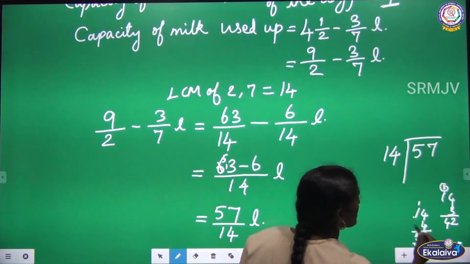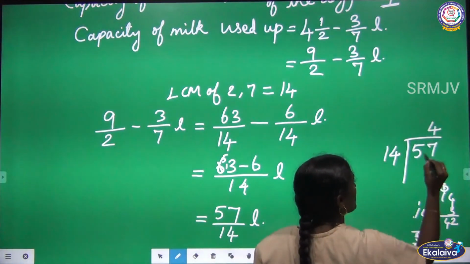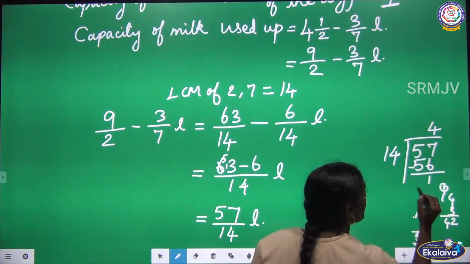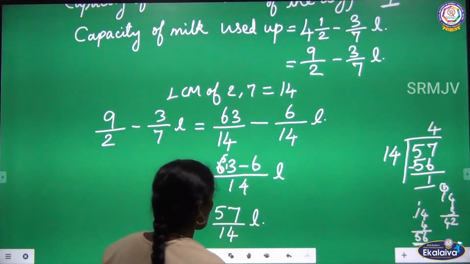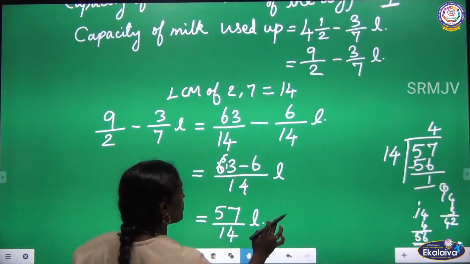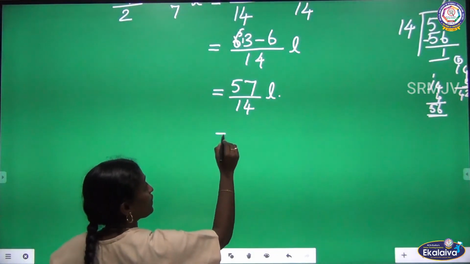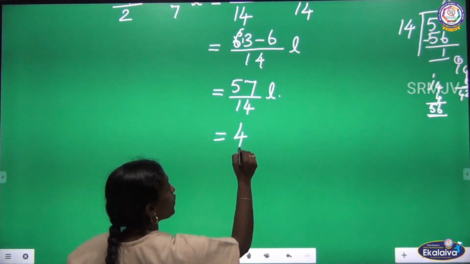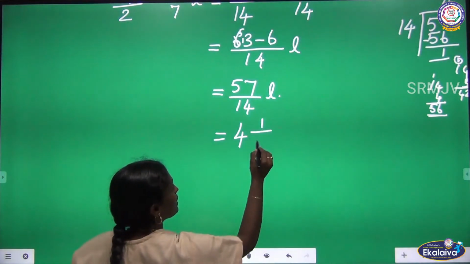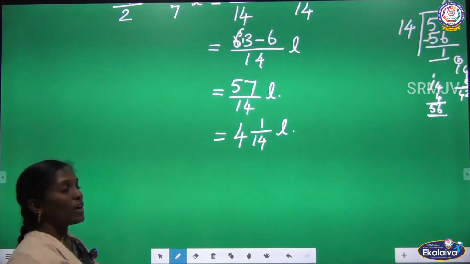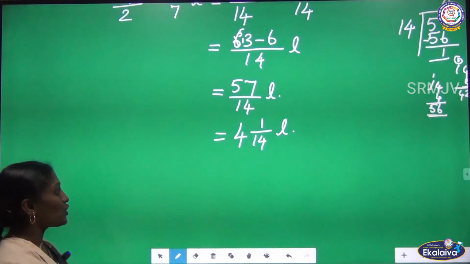We are getting 56 in 4 times. So 4 times, that is 56. While subtracting these two, we will get 1. So we have to write in the form of quotient, remainder by divisor. What will you get? Quotient is 4, remainder is 1, and the divisor is 14. So 4 1 by 14 liter of milk was used up.